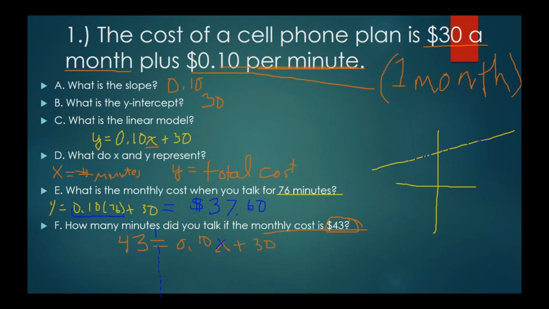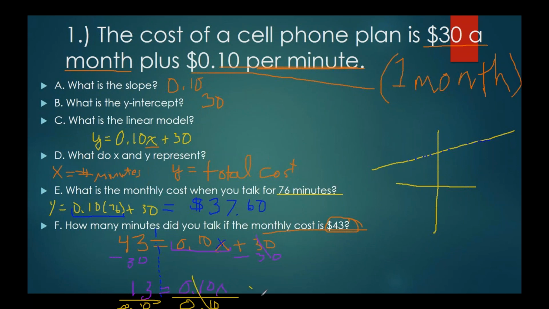We're going to subtract 30 from both sides. Okay, so whatever's attached to X is our last step. So we're going to subtract 30 from both sides first, and that gives us 13 equals 10 cents X. And then as Caitlin mentioned, we will divide by 0.10.